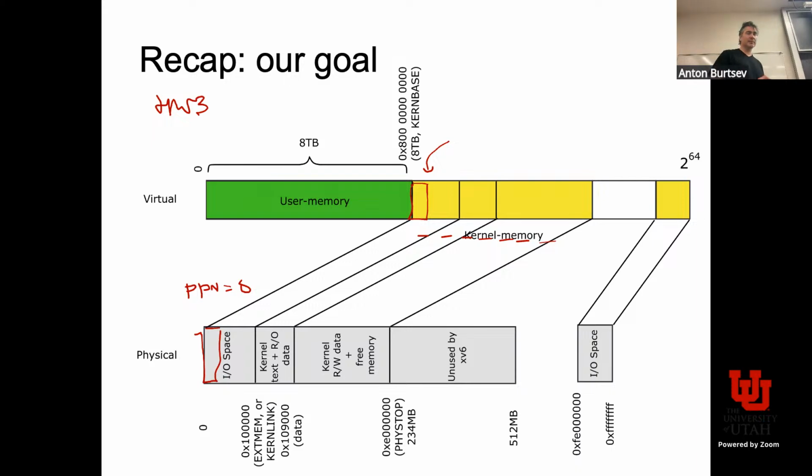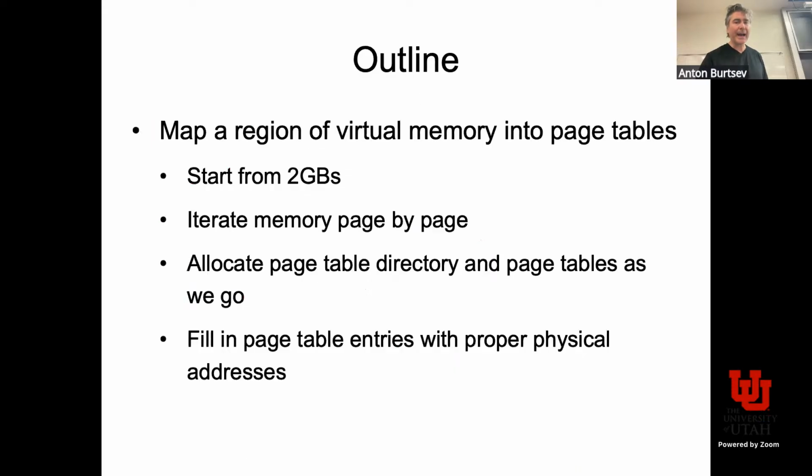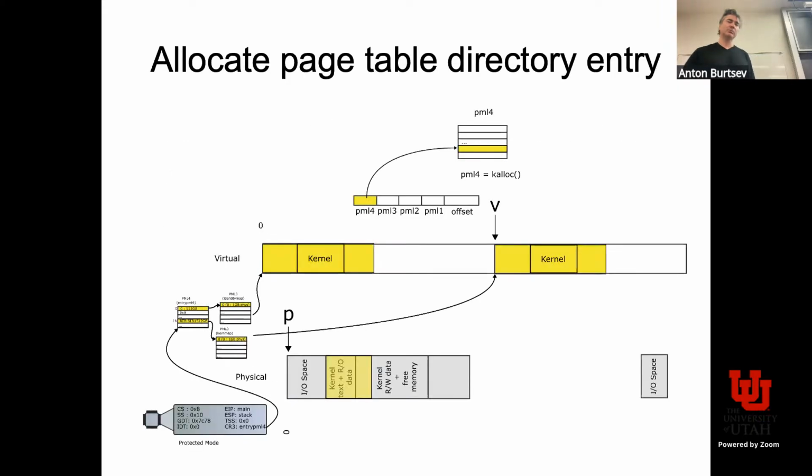Okay, let's take a slide, a rough overview. At a high level, we want to construct a page table. We will have 2 inputs: a virtual address, which we want to map, and a physical address where we want this virtual address to be mapped.